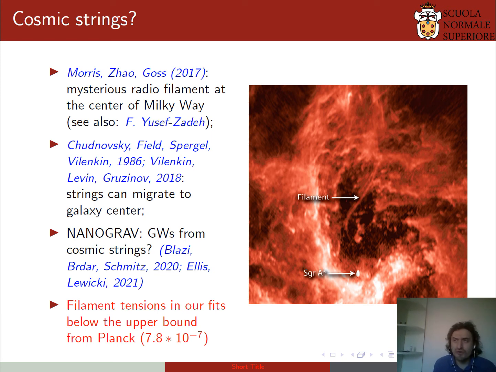I should also note that the filament tensions in our fits are below the upper bound from Planck, which means that while this conjecture is still speculative, it's not an impossibility.